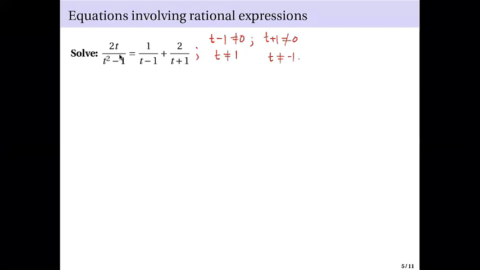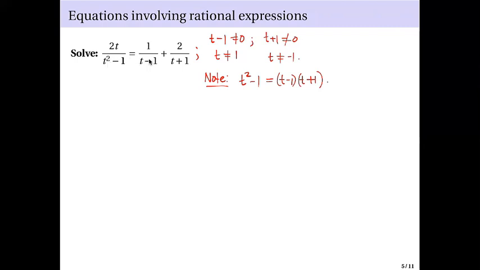And then you will see that that's also the case in here, because you know that t squared minus 1 can be factored into t minus 1 times t plus 1.